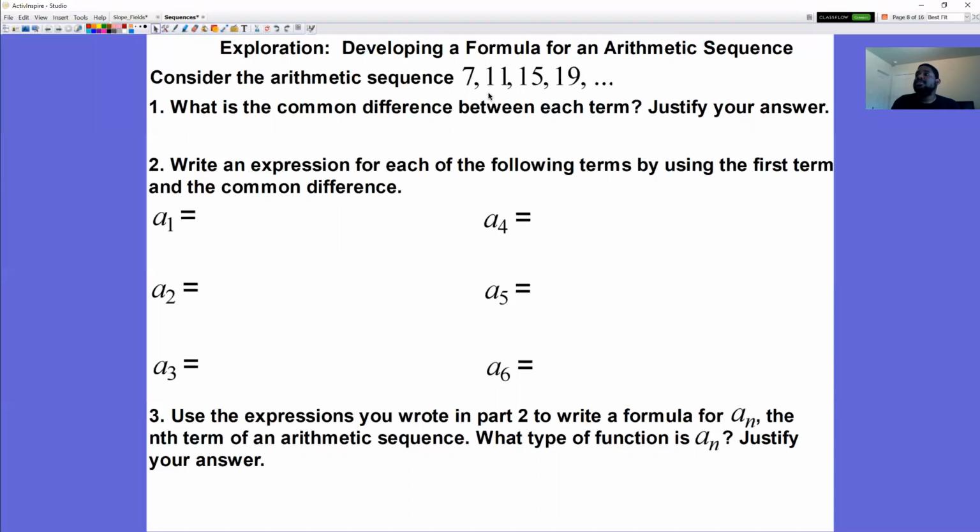So the following sequence you see here on the screen is arithmetic: 7, 11, 15, and 19, etc. The first part of this exploration says, what is the common difference between each term? Justify your answer. So the common difference is when you subtract any 2 terms, what do you get? So the common difference would be 4.